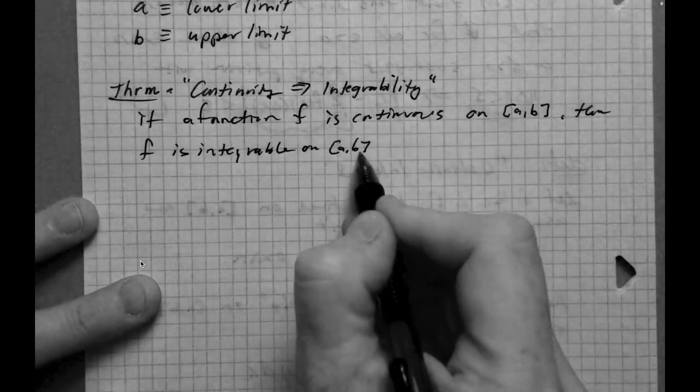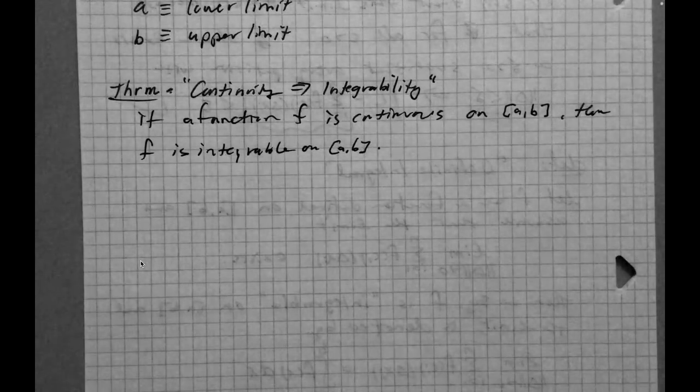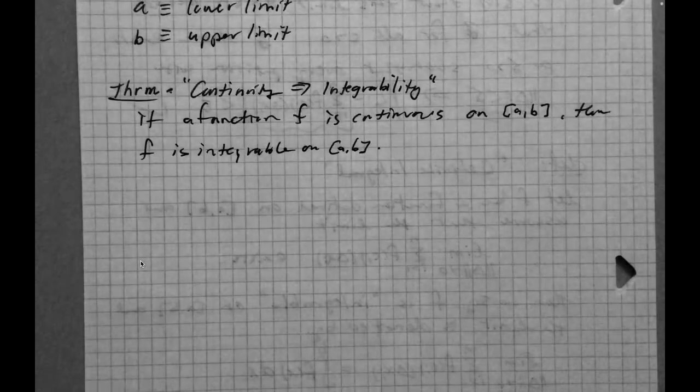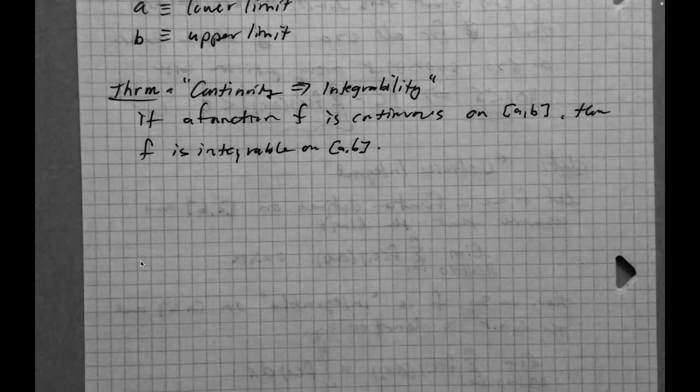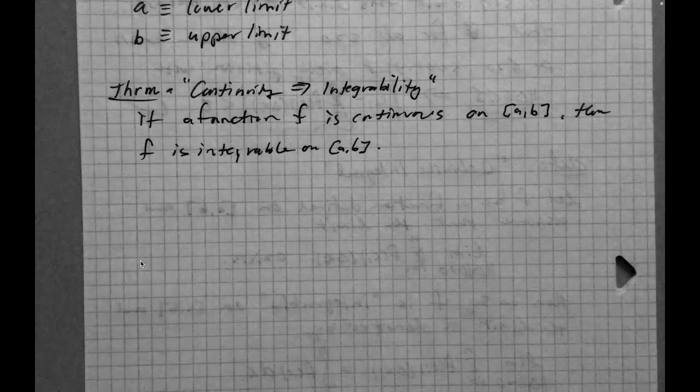Nice, that's convenient. Basically, any function that's continuous on a b can be integrated on a b as a definite integral. So that means we can calculate areas of functions in a very nice way.